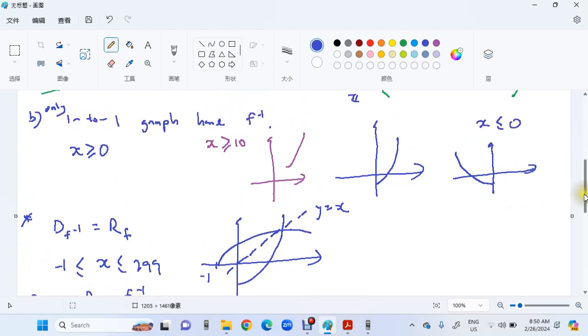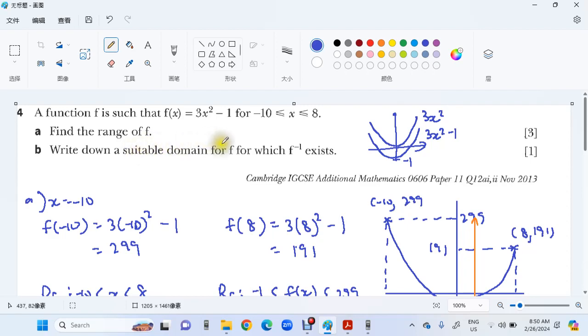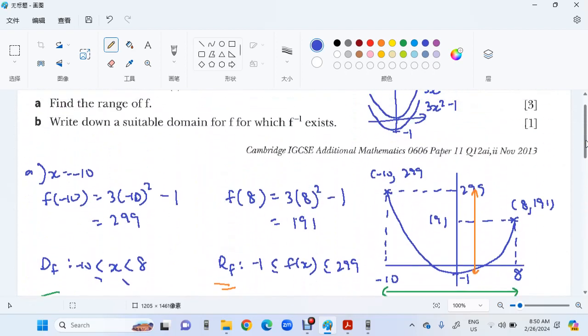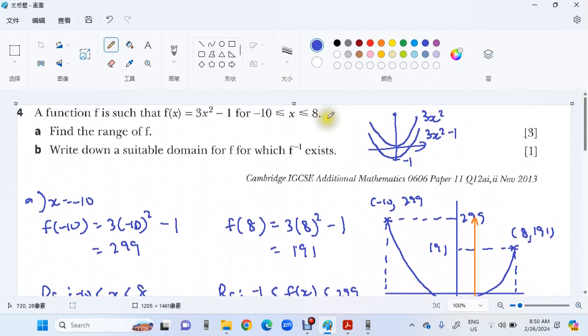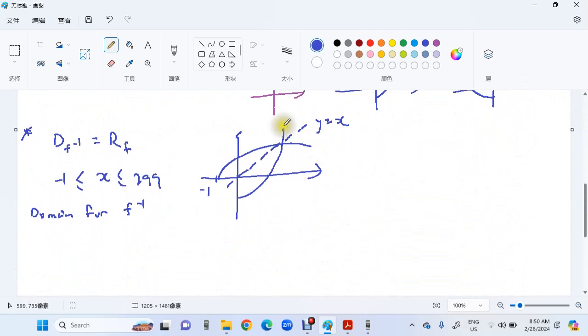But the question here asks for a domain for f. The domain of original f is from negative 10 until 8. But now the domain for f becomes x greater than or equal to 0. So this part we cancel already.